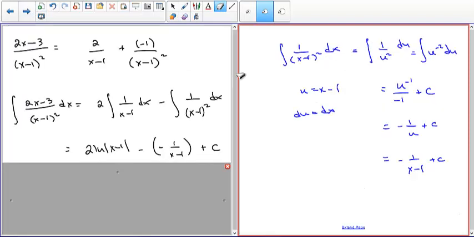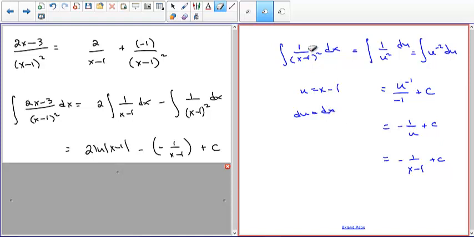The integral of 1 over x minus 1 squared dx. Okay, this is on the next page. So here it's just u substitution. You let u be the term in these parentheses. So u is x minus 1, so du is just dx. Derivative of x is 1 times dx.